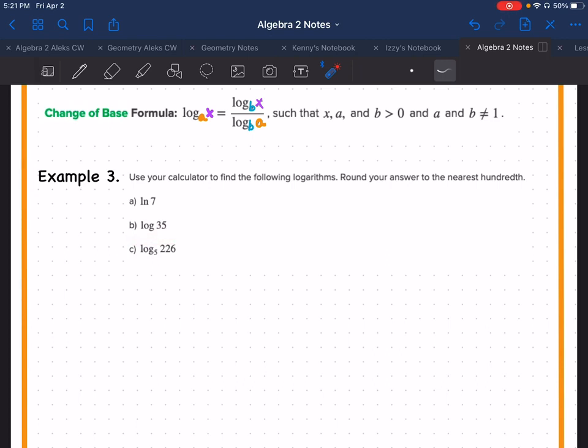The last one, though, because it's not a natural log and because it's not a log of base 10, it's not the common log, I have to use my change of base formula. So for this one, I'm going to have to use the change of base. We can go ahead and get it ready with our color before we move over there, just to help us out. So we're going to say that this is the orange and this is the purple.